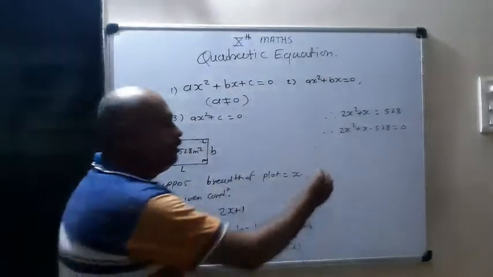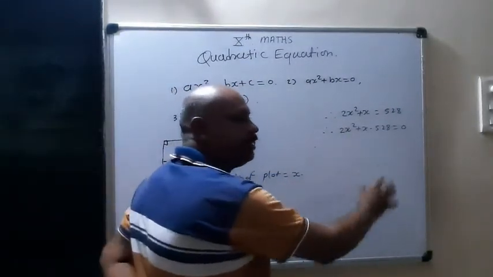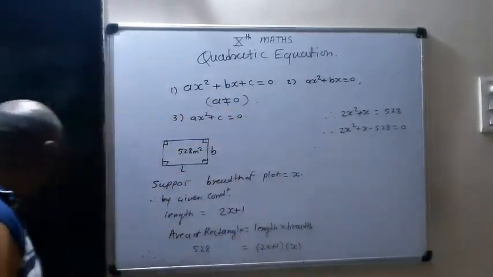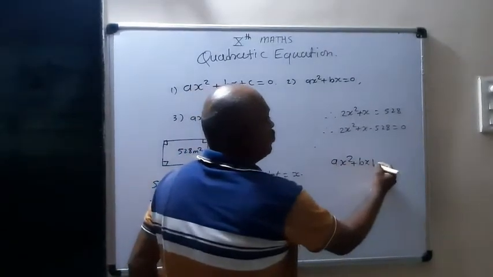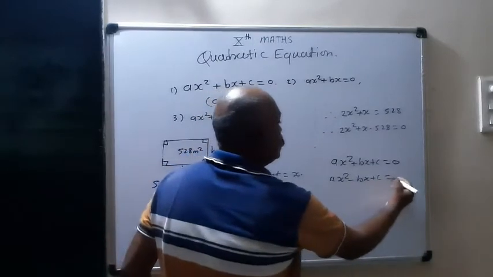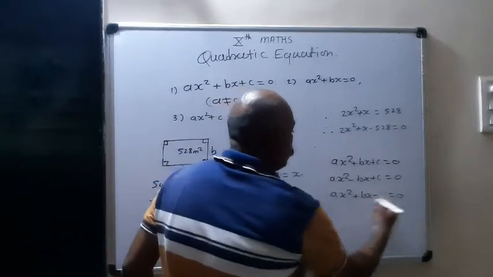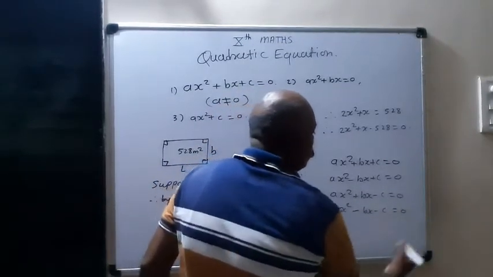So I write them: ax square plus bx plus c is equal to 0, ax square minus bx plus c is equal to 0, ax square plus bx minus c is equal to 0, ax square minus bx minus c is equal to 0.